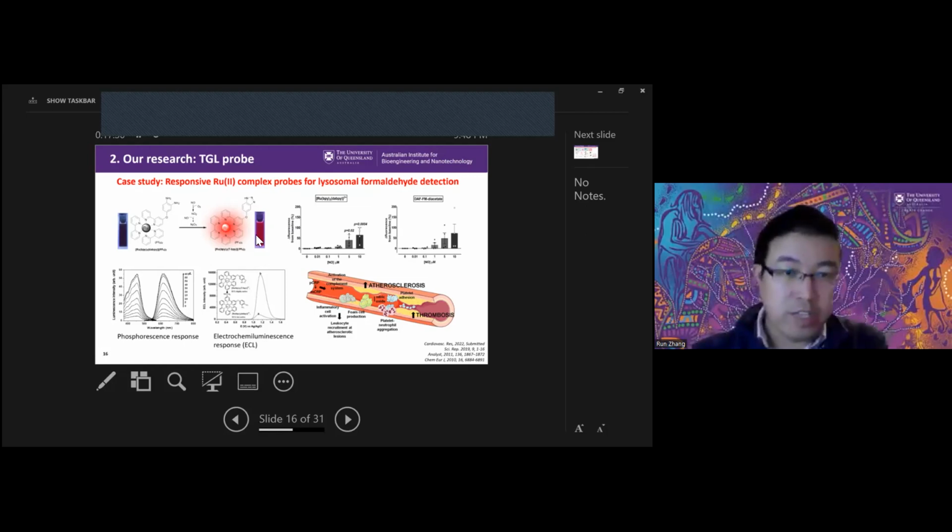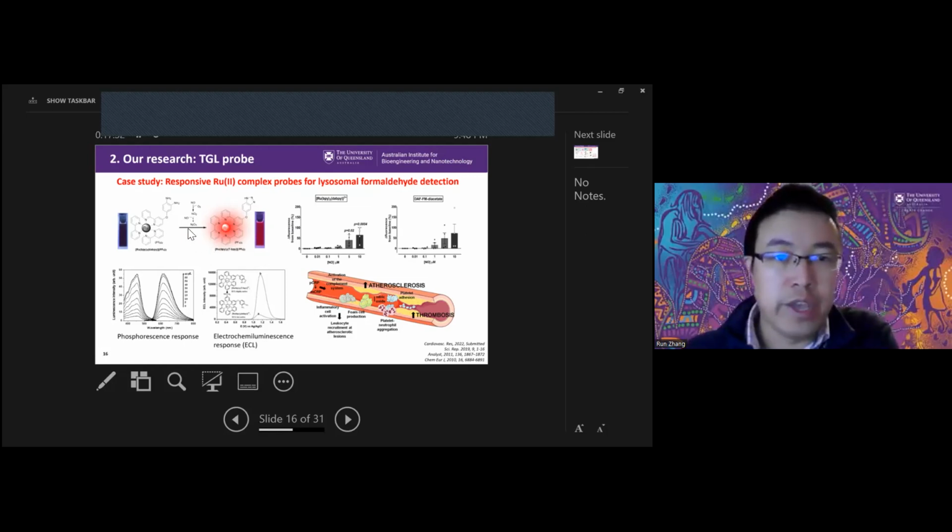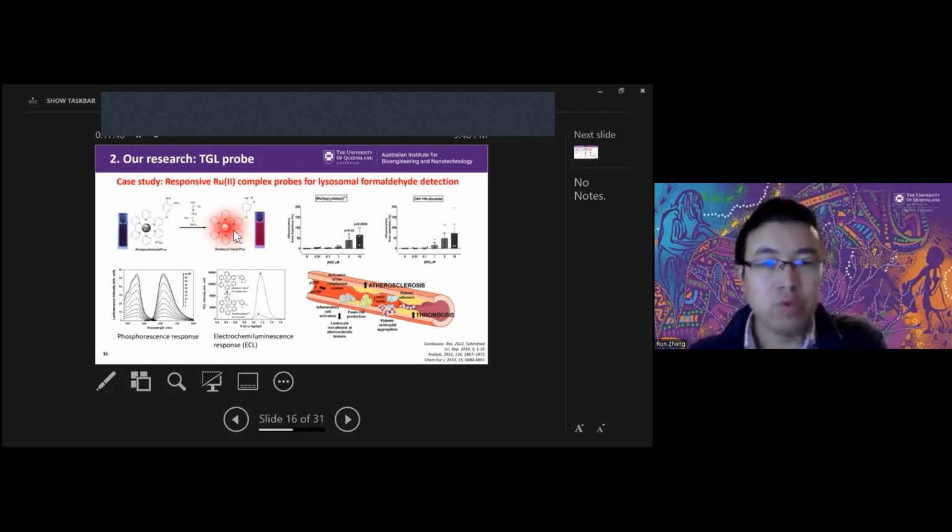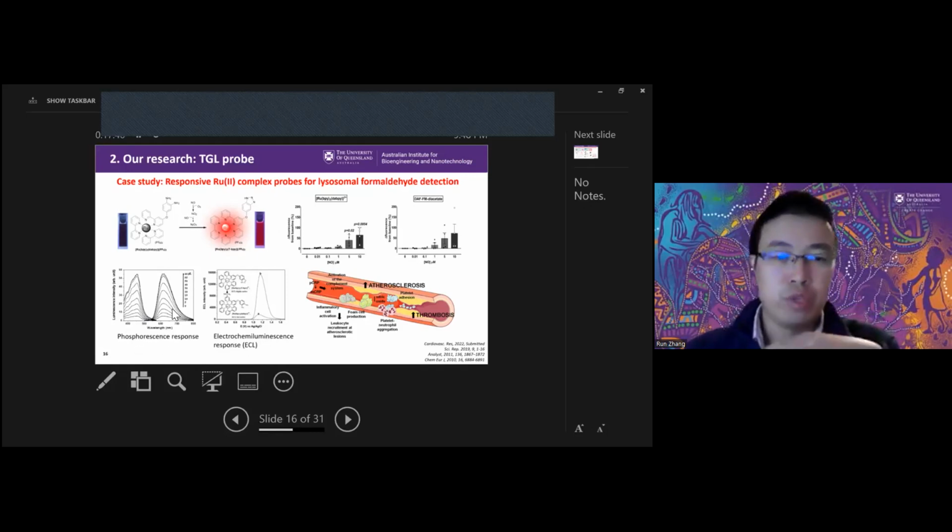This probe can detect nitric oxide after the reaction of the diamine group with nitric oxide to form this emissive product. The phosphorescence emission will be switched on, and also the electrochemical signal will be switched on, so we get double channels for nitric oxide detection.